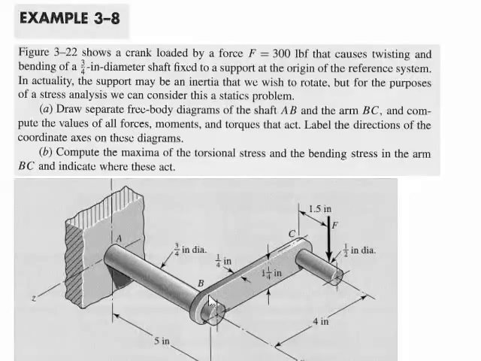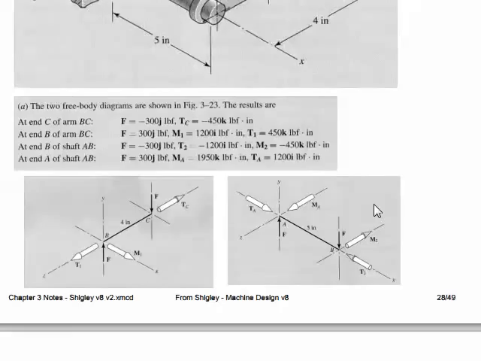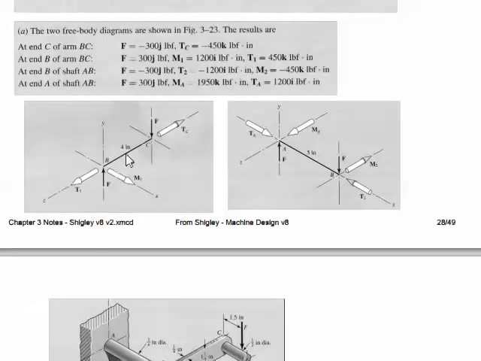Our torque is going to be constant anywhere along this arm, so there is no place where it's a maximum. It is a rectangular cross section, so we are going to have a look at calculating the torque in a rectangular cross section.